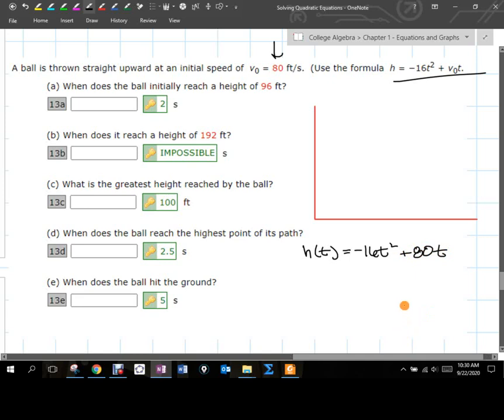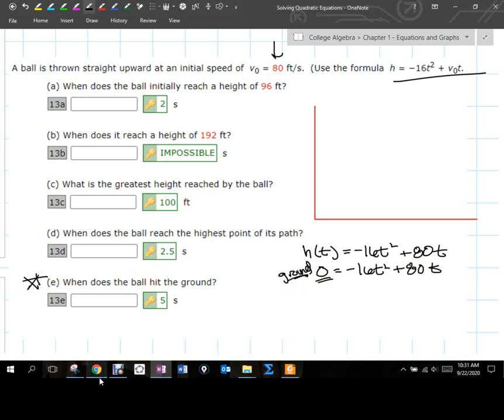If I'm going to try to graph this thing, there are two things I need for every quadratic: x-intercepts and vertex. If I have those, I've got a pretty good graph of my quadratic. Okay? So let's find the x-intercepts. That's when h of t is 0, right? And if you think about it, h of t being 0, that's the key phrase, that's the ground, right? That's going to answer question D or question E for me right away.